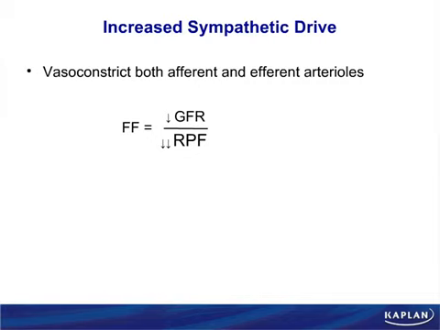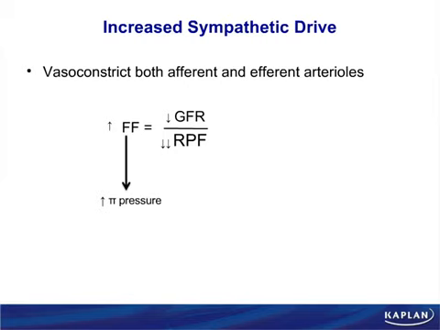Because the renal plasma flow is dropping more than the GFR is dropping, that will actually lead to an increase in the filtration fraction. This is why the filtration fraction increases when there's an increase in sympathetic drive to the kidneys. Now, we said before, an increase in filtration fraction will lead to an increase in oncotic pressure because you filter more plasma and leave behind more albumin, so oncotic pressure increases.